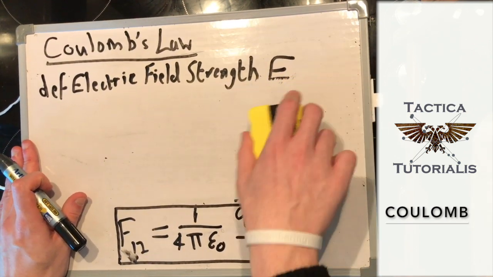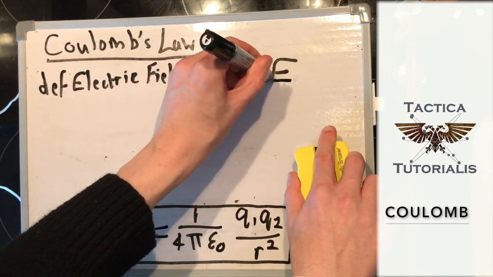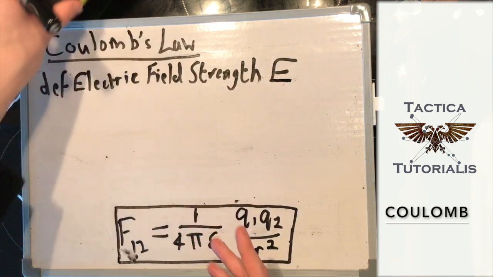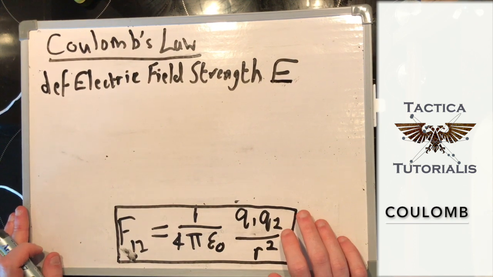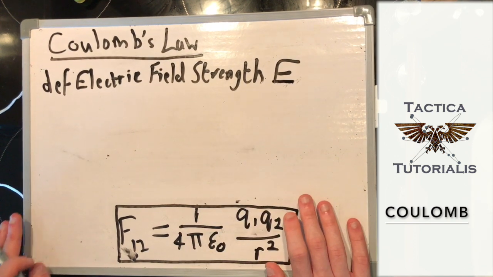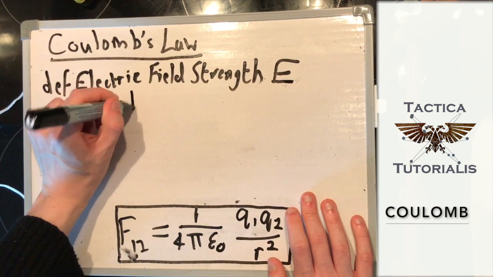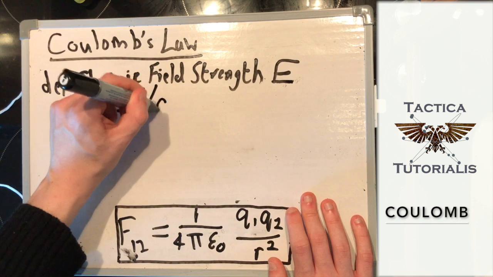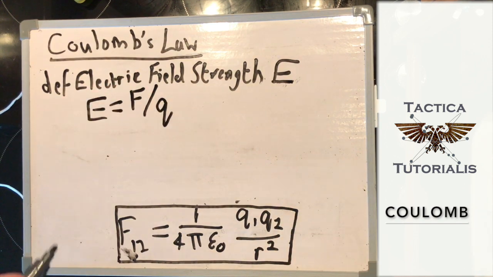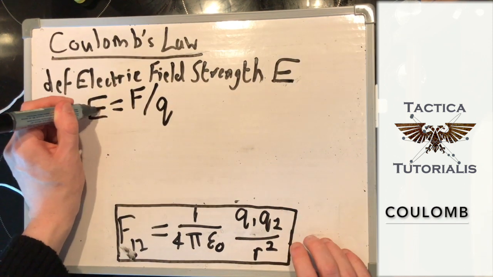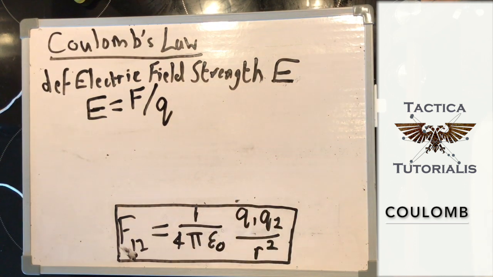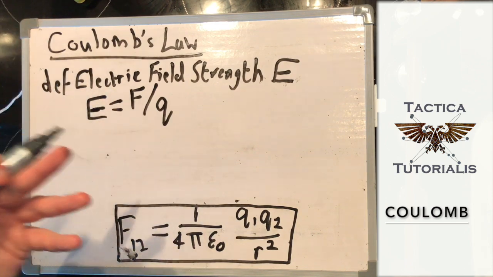However, certainly if you go higher with this, you will absolutely need to be treating these as vectors rather than scalars. But to define the electric field strength, what we say is that E is equal to the force per unit charge. So the electric field strength determines the amount of force applied per unit of charge that we have being pushed, if you like, by the field.